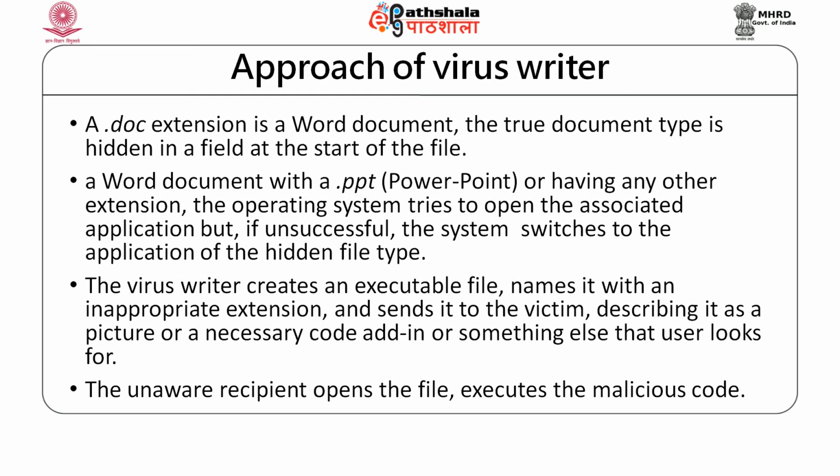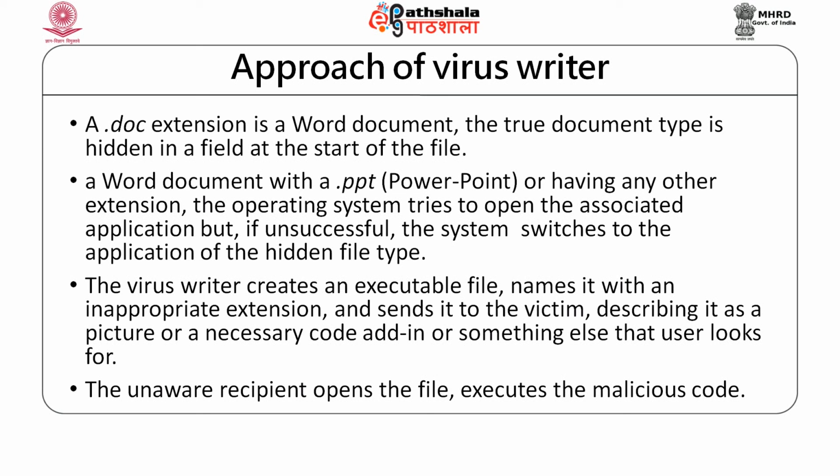What would the operating system try to do? It would try to open this with PowerPoint or any related software that can open a PPT file. But originally it is a doc file, so PowerPoint will not be able to open it. So, it becomes unsuccessful and the system switches to the application of the hidden file type.